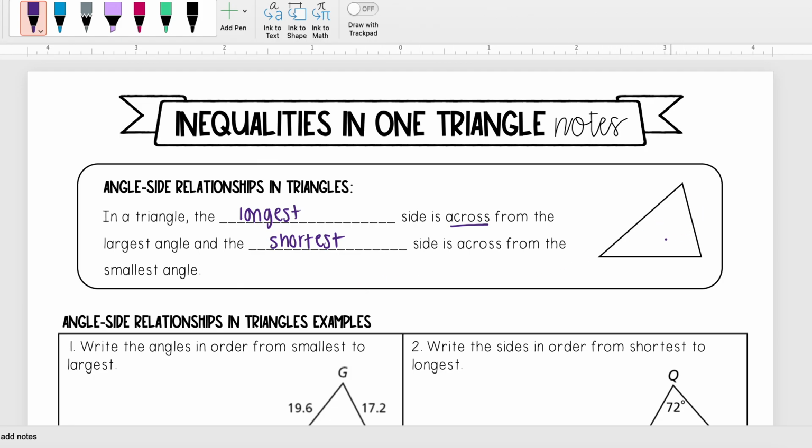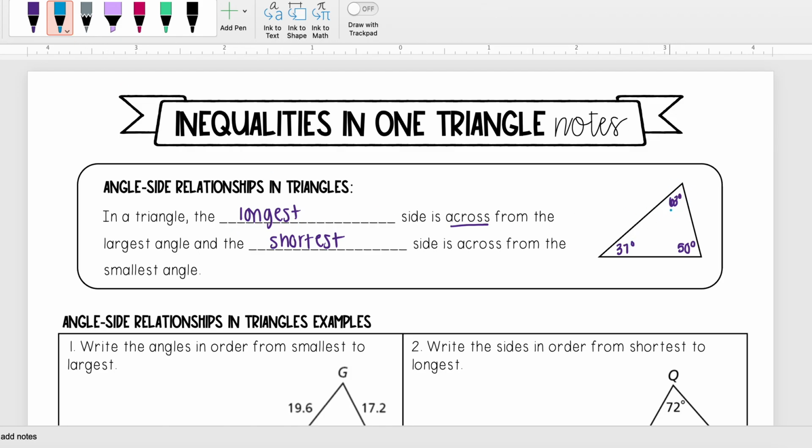So let's say, for example, I was looking at this triangle right here, and let's say this was 37 degrees. This one is 50 degrees, and let's say this was 63 degrees. What this is telling me is that the longest side is going to be across from my largest angle.